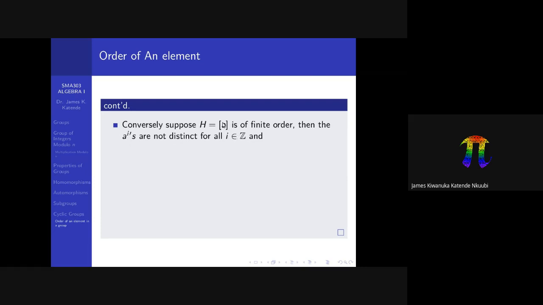Otherwise, it will not be of finite order, right? If it's of finite order, then if you keep raising the generator to some integers, you will find some that are equal. So that means for some two integers, A raised to I will be equal to A raised to J, where I is not equal to J.